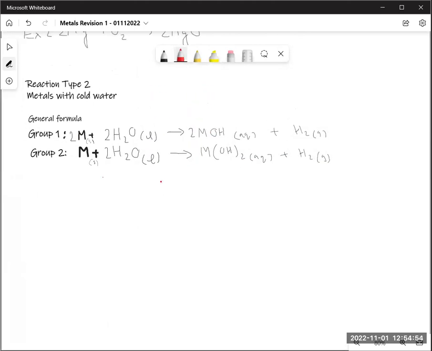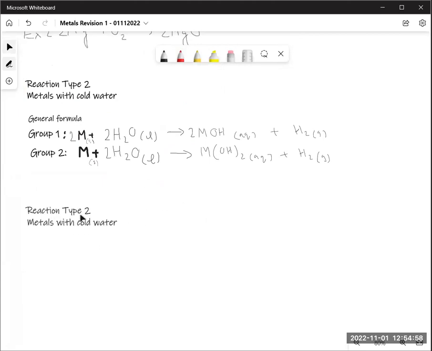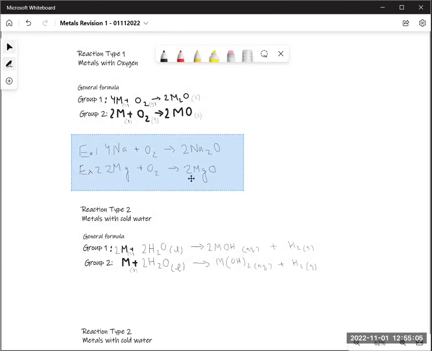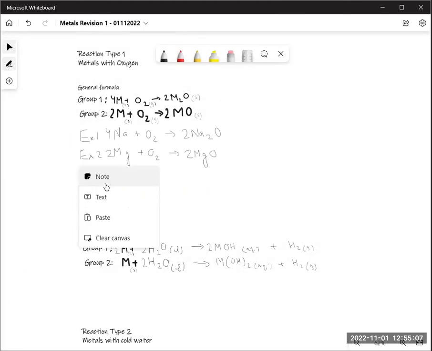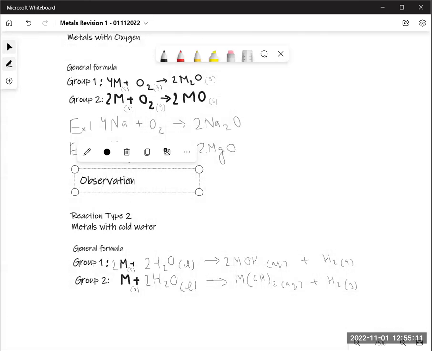Now we look at a reaction with hot water. Wait, did I give you the observations for these reactions? Just a second. For the first one, the observation is tarnishes, because a metal oxide layer forms.